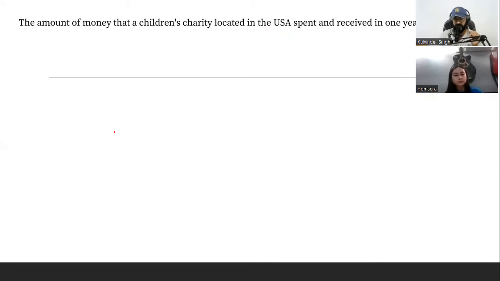So let's paraphrase this statement and understand what we are going to do in this. Now it says, the amount of money that a children's charity located in the USA spent and received in 1 year, 2016. So if we have to paraphrase, how can we paraphrase?